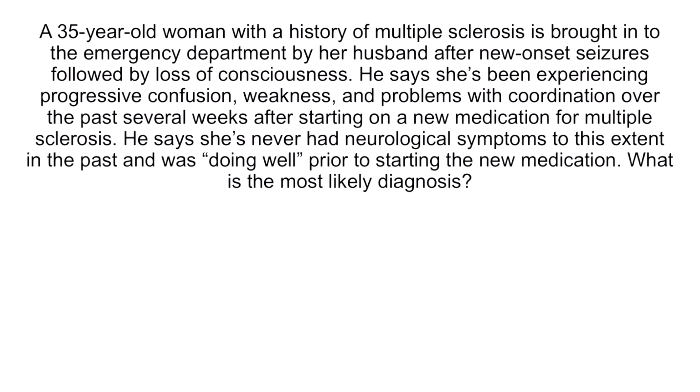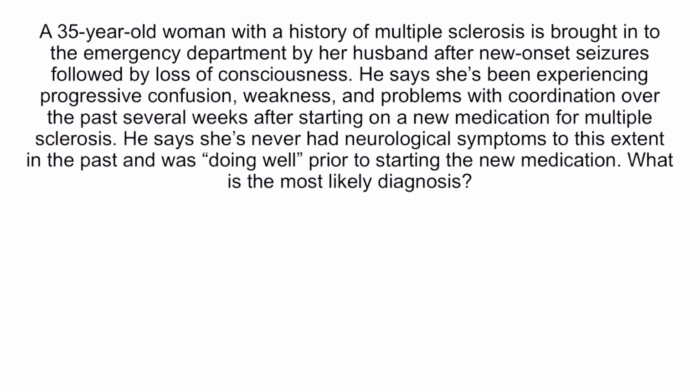Well, the vignette describes worsening of neurological symptoms in a patient with multiple sclerosis following initiation of a new medication. Since the patient was doing well prior to initiation of the medicine, it is unlikely that she had an acute flare of multiple sclerosis or required additional therapy for symptomatic management. Hence, she was most likely initiated on a medicine aimed at controlling the chronic course of her disease.